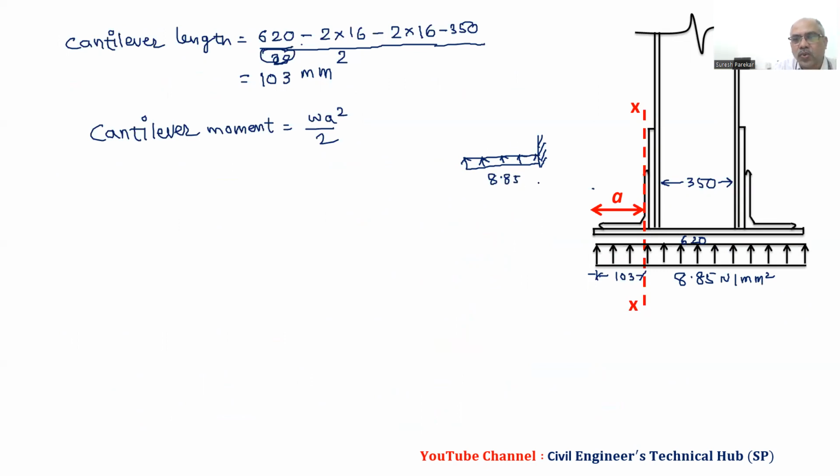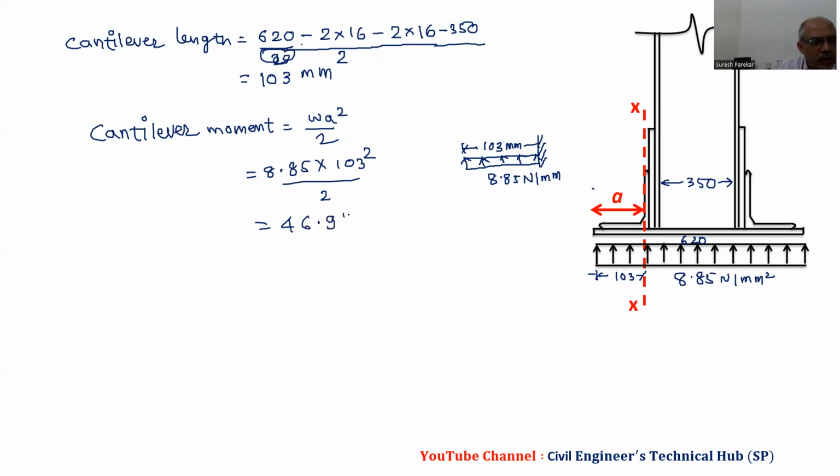We are considering unit width, so it becomes Newton per millimeter, and length we have 103 millimeters. Therefore we get 8.85 into 103 square by 2, and this comes 46.94 into 10 raised to 3 Newton millimeters.